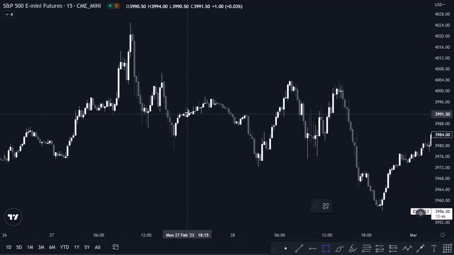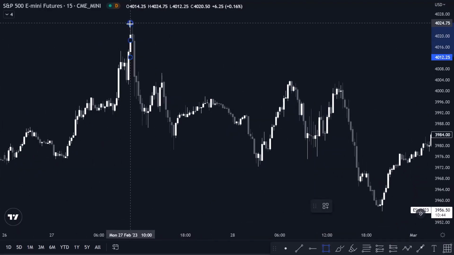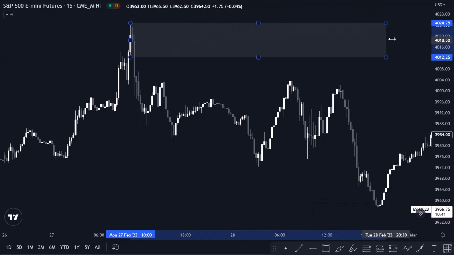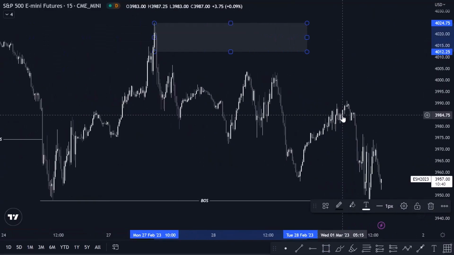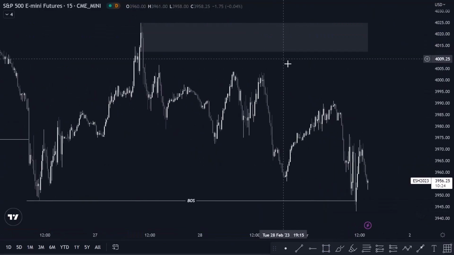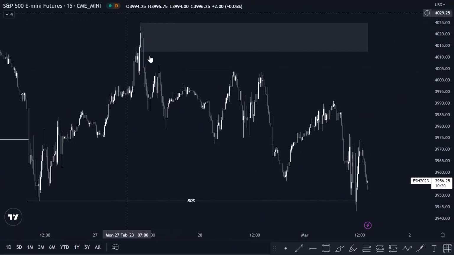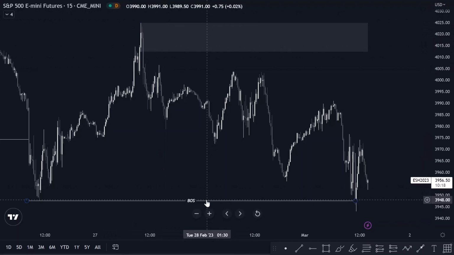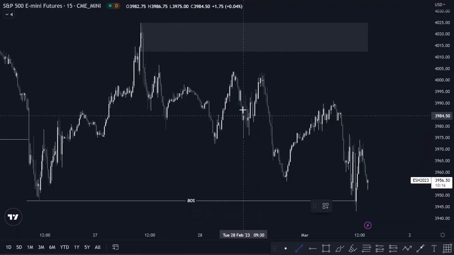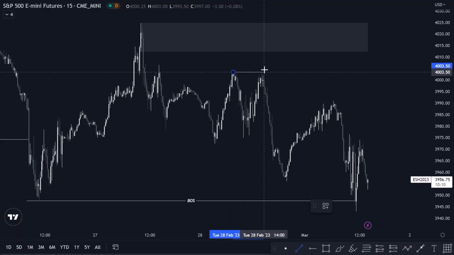See right here. And it has a fair value gap too. What makes this more high probability is that it's the highest point between the breakout structure, plus we have a lot of inducement that needs to be taken, plus liquidity right here.